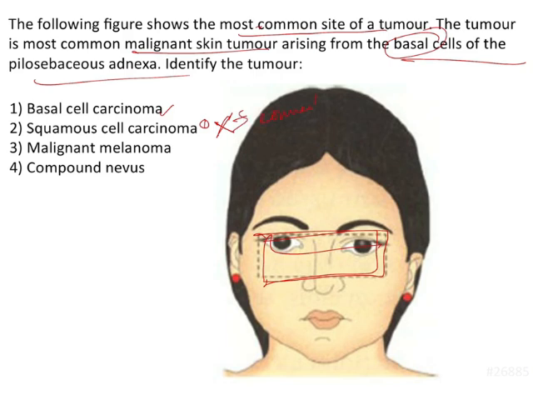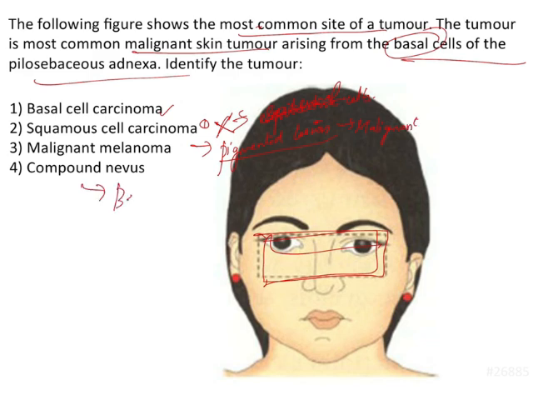It arises from the epidermal cells, right? Then malignant melanoma, you will have a pigmented lesion. Pigmented lesion will be there, and it is also malignant.